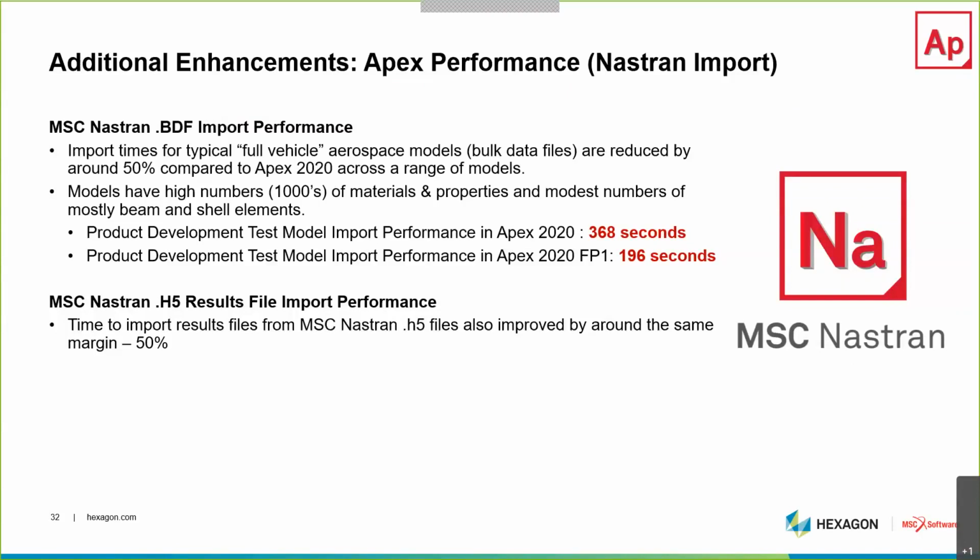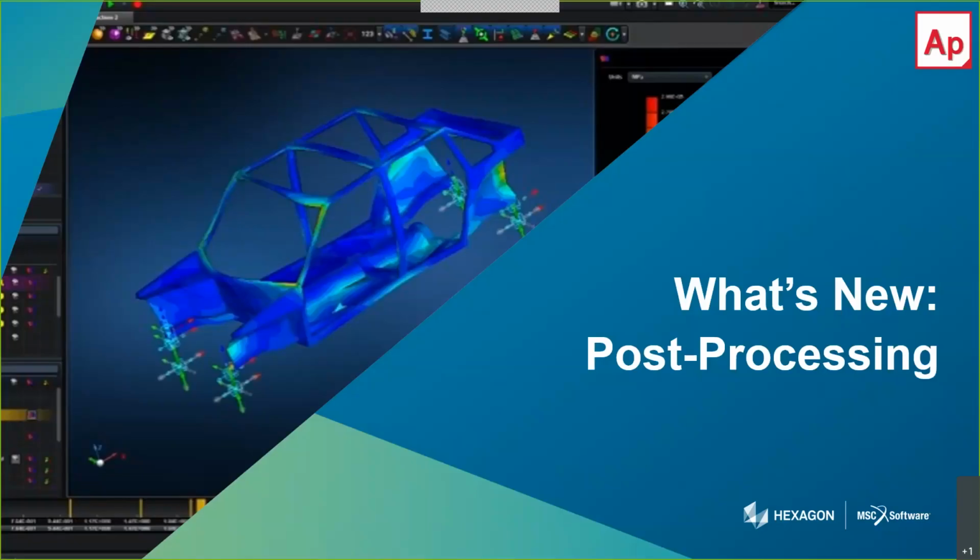We imported that into Apex 2020 before all the improvements were made, and it took 368, almost 400 seconds. Now we basically cut that in half in the new release of Apex 2020 Feature Pack 1, and also the NASTRAN post-processing import performance is improved by about the same. It's basically cut in half. So things are just going to be zippier and faster, and we got you covered in terms of time savings and efficiency.